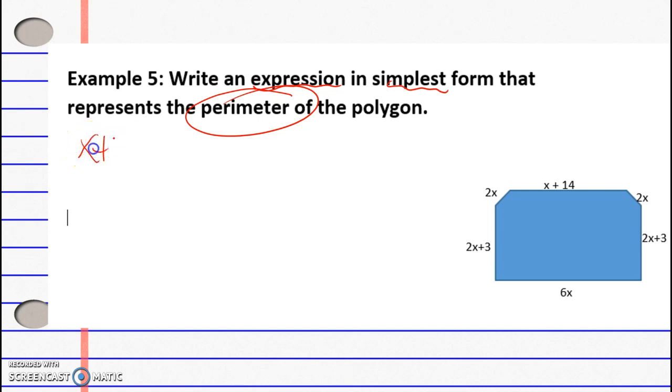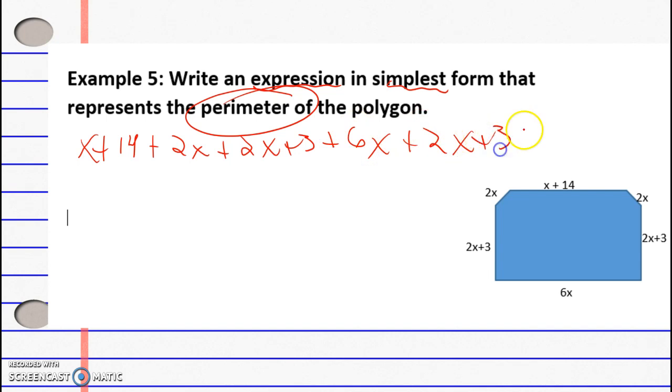So x plus 14 plus 2x plus 2x plus 3 plus 6x plus 2x plus 3 plus 2x. And then we're back to x plus 14, so we're done. So now we've got to find all the like terms. x, 2x, 2x, 6x, 2x, 2x.